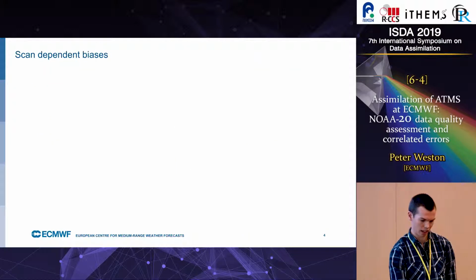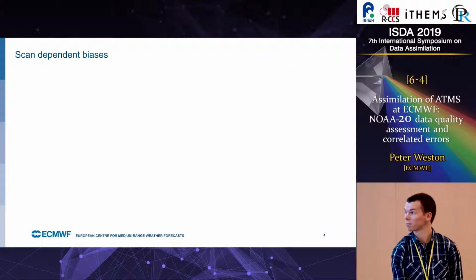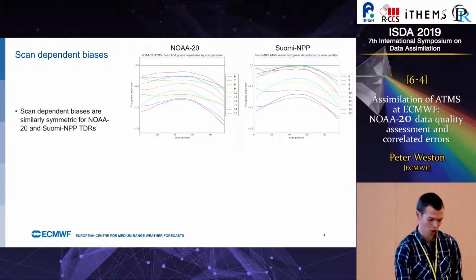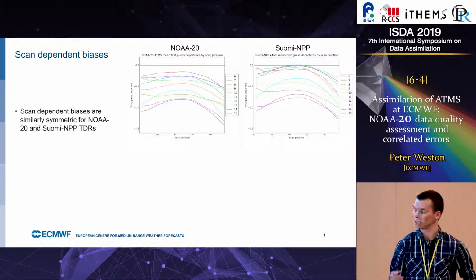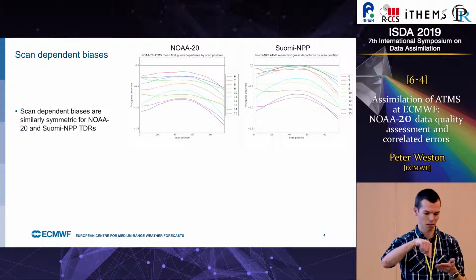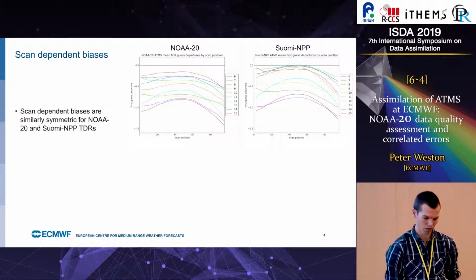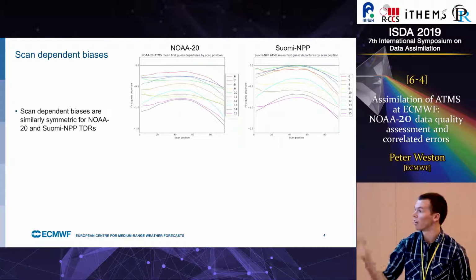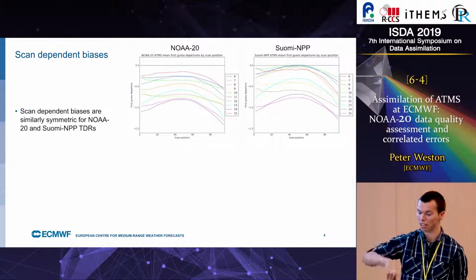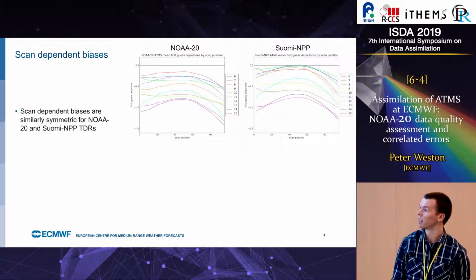The next thing to look at is the scan-dependent biases. This is basically showing the instrument is scanning in a cross-track direction, so on the left is the edge of the scan, in the middle is at nadir, and on the right is the other edge of the scan.